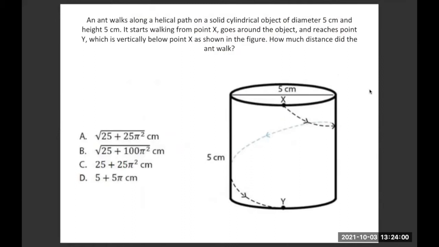This is another kind of figure where there is this ant which moves from point X on this spiral path and reaches point Y. What you have to calculate is the distance traveled by this ant from X to Y, this dotted line, along which that ant travels. You have to find the distance that the ant has traveled along the spiral path.